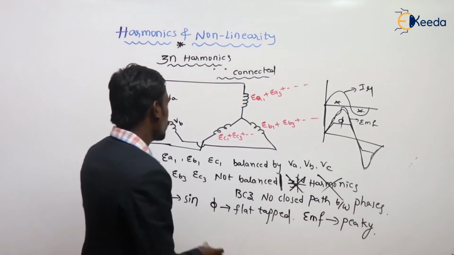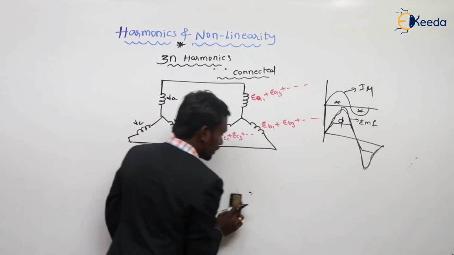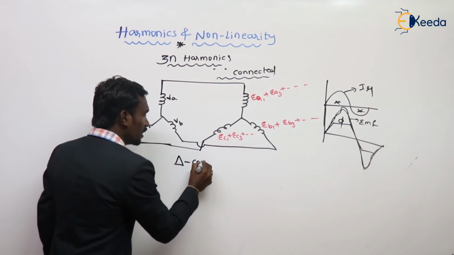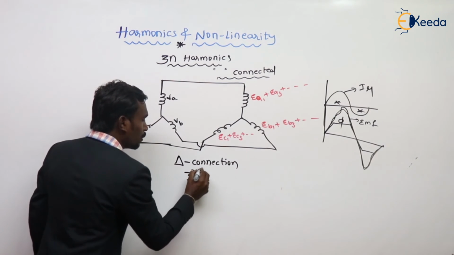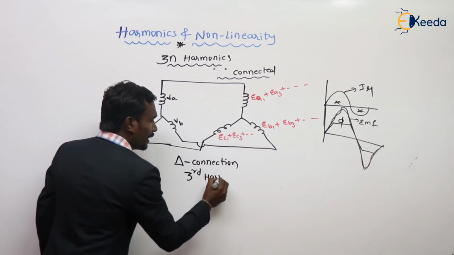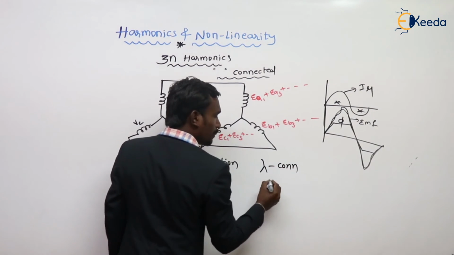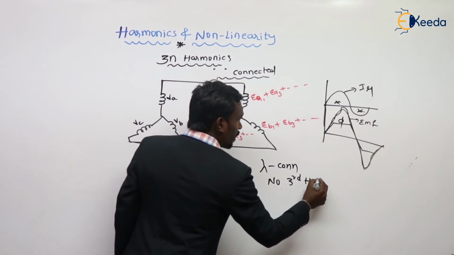So the conclusion is that in a transformer, if we have a delta connection, we have third harmonics. In star connection, if my transformer has a star connection, then there is no third harmonics path.